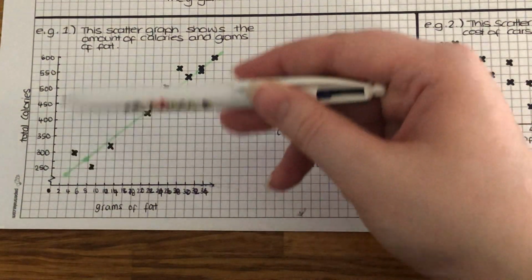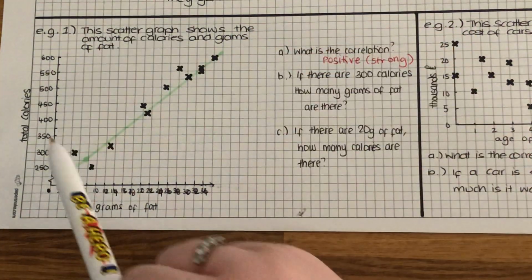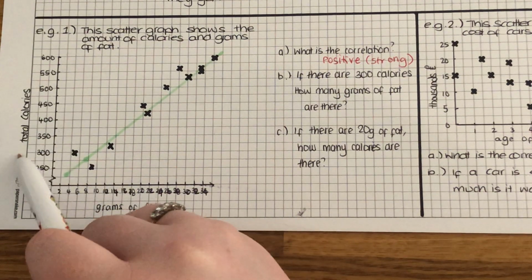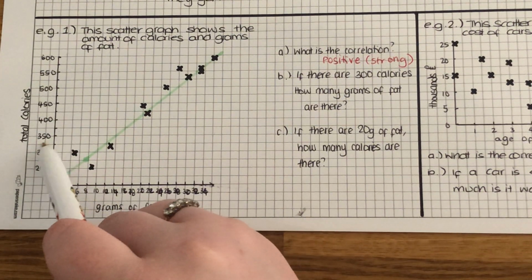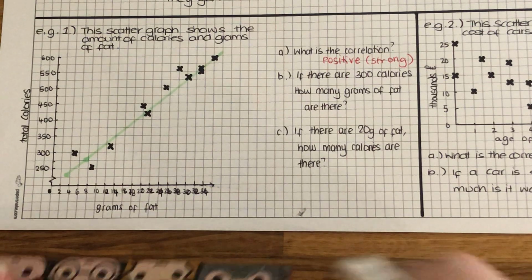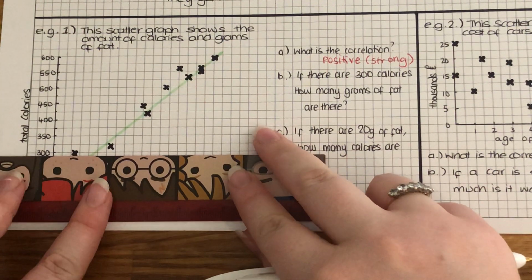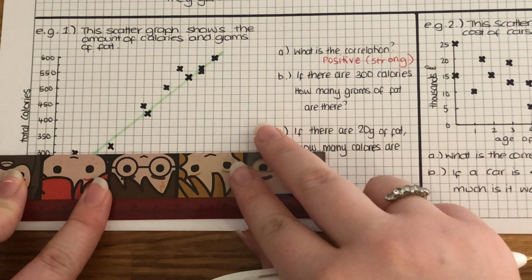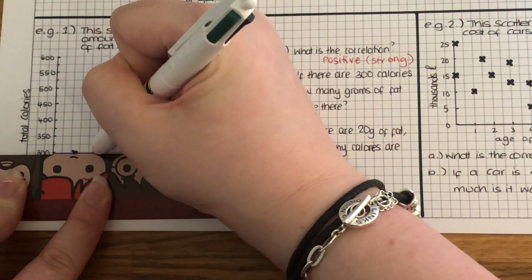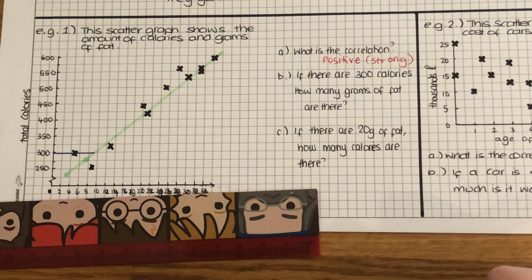Down this side here, the y-axis, we can see the calories of each food, and down here is 300 calories. So what I'm going to do is draw a line. I'll do it in blue so you can see it. I'm going to draw a line from the 300 until it hits my line of best fit, and then stop.